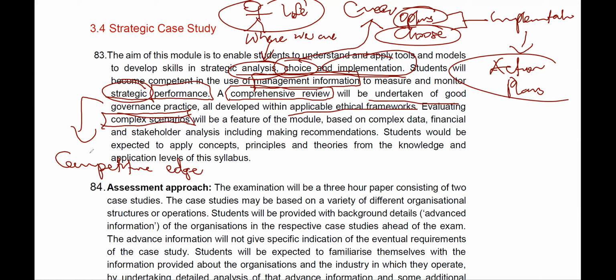So it's complex, it's not simple, right? You should have this in mind, and it will be a feature of the model based on what? Complex data, financial and stakeholder analysis. So they've told you, you are going to meet complex data, financial information, and stakeholder analysis, including making recommendations.